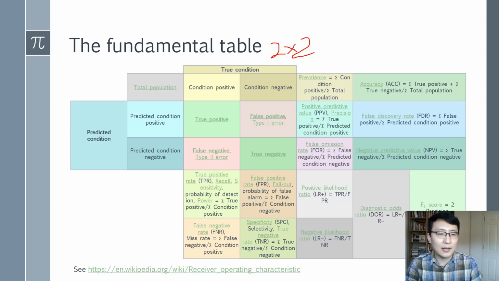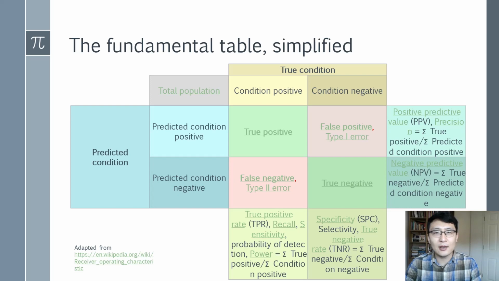So I have simplified the previous table. We don't need so many metrics, so many numbers. This is a more simplified version of the previous table. As I said, there's true positive, true negative, and correspondingly there's false positive and false negative.